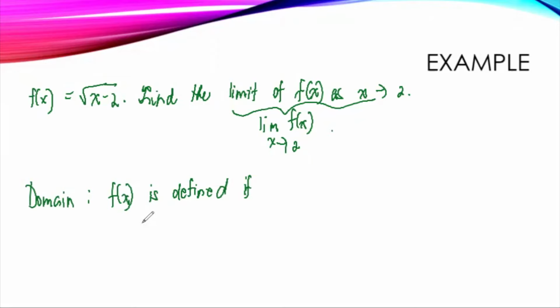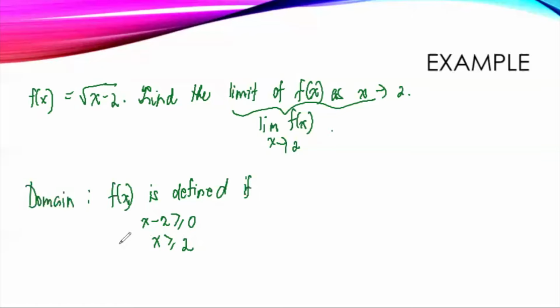If x minus 2 must be greater than or equal to 0 for this function to be defined. So we solve for x, and x must be greater than or equal to 2. In other words, this function is defined only if x is greater than or equal to 2.